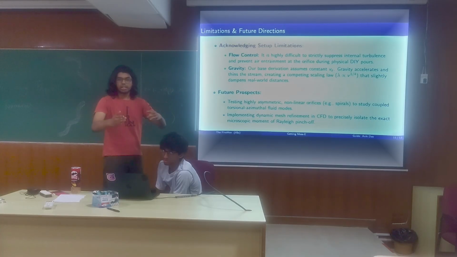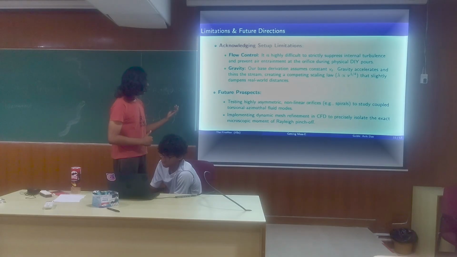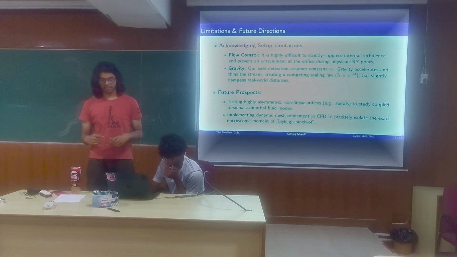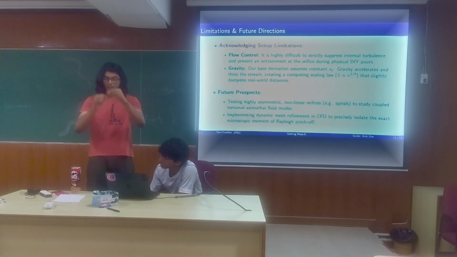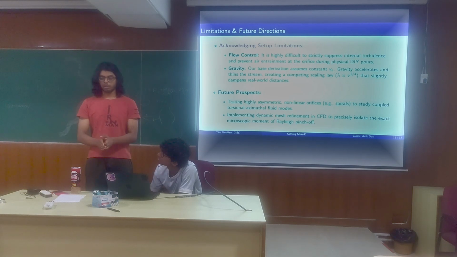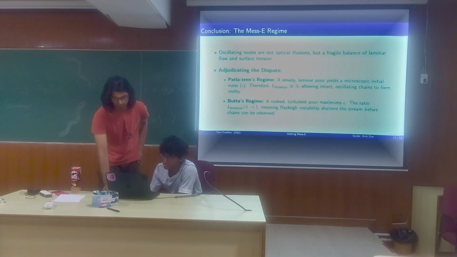So it gives you the real life interpretation. That's also why the errors were positive, because gravity pulls down the wavelength, and that's why the wavelength is larger. Future prospects are that we will try to incorporate more exotic shapes of the orifice itself, and these simulations are very important for rocket engines, because of the fluid that is ejected out of their bottom. So you need to study that and these nodes as well.